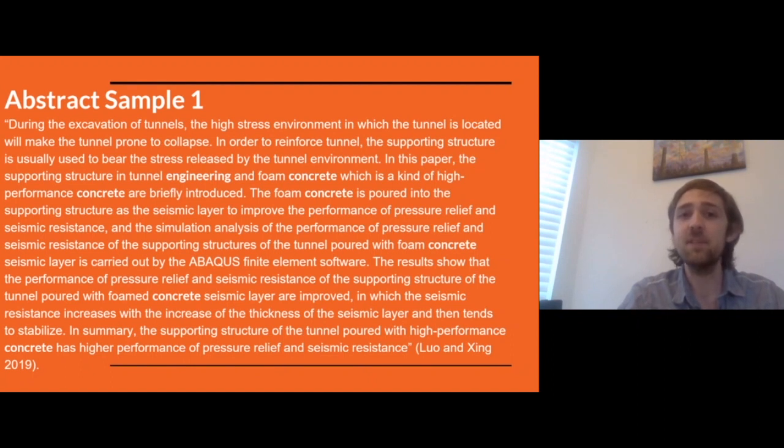During the excavation of tunnels, the high-stress environment in which the tunnel is located will make the tunnel prone to collapse. In order to reinforce tunnel, the supporting structure is usually used to bear the stress released by the tunnel environment. In this paper, the supporting structure in tunnel engineering and foam concrete, which is a kind of high-performance concrete, are briefly introduced. The foam concrete is poured into the supporting structure as the seismic layer to improve the performance of pressure relief and seismic resistance, and the simulation analysis of the performance of pressure relief and seismic resistance of the supporting structures of the tunnel poured with foam concrete seismic layer is carried out by the ABAQUS finite element software.